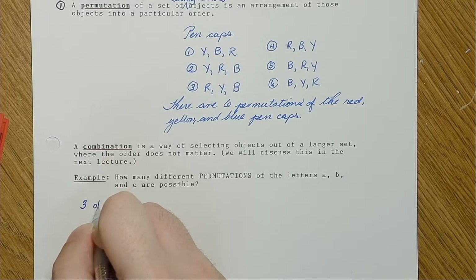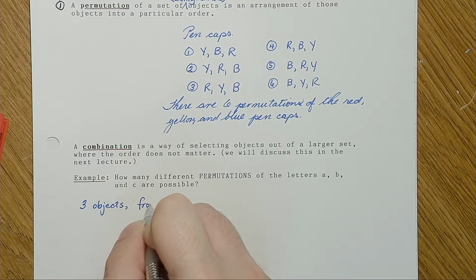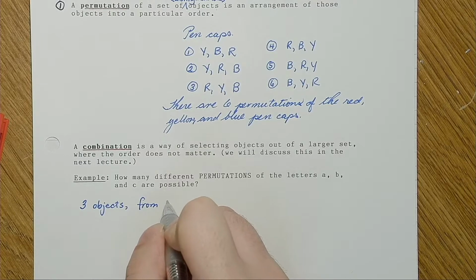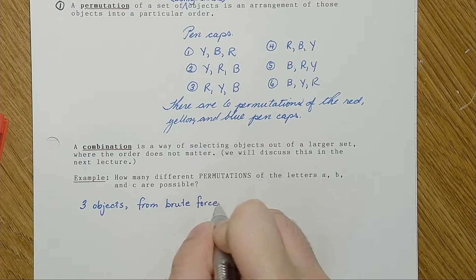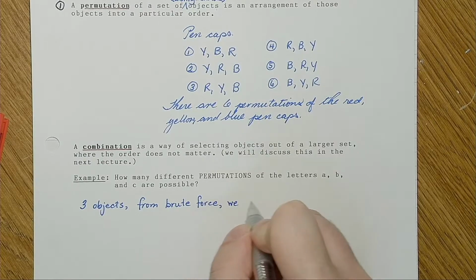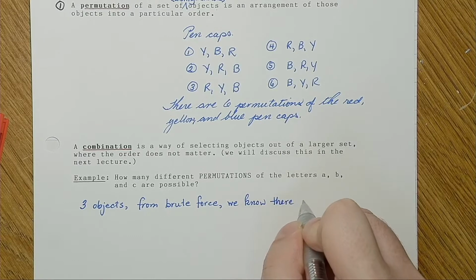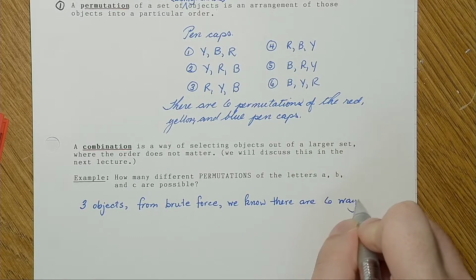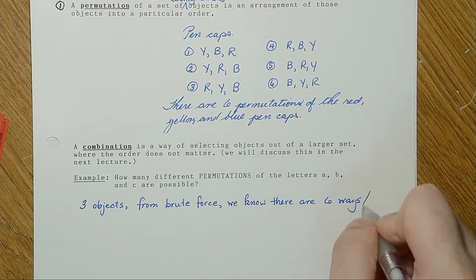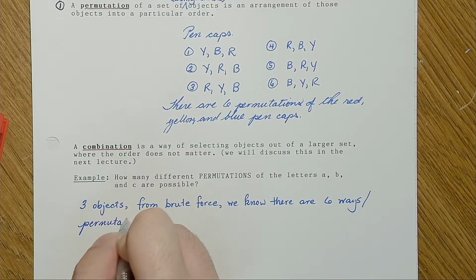From our brute force count, we know there are 6 ways, or 6 permutations.